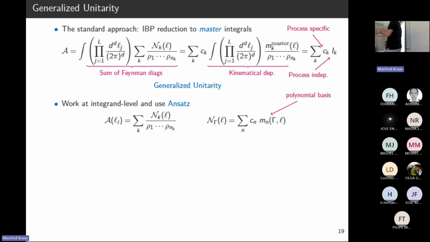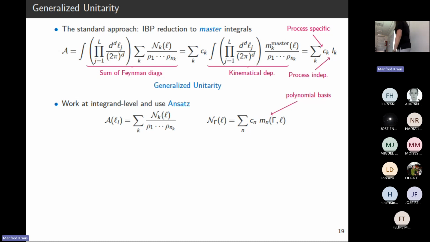So we are now taking an idea which is called generalized unitarity, and we are essentially stripping off the integration from the amplitude. We're just looking at the integrand as a function of loop momentum. So now your integrand is a sum of numerators with certain propagator powers. And for your numerator, you just make an ansatz. You write down the most general polynomial in the loop momenta, like l squared, l dot p1, l dot p2, stuff like this, with unknown coefficients.